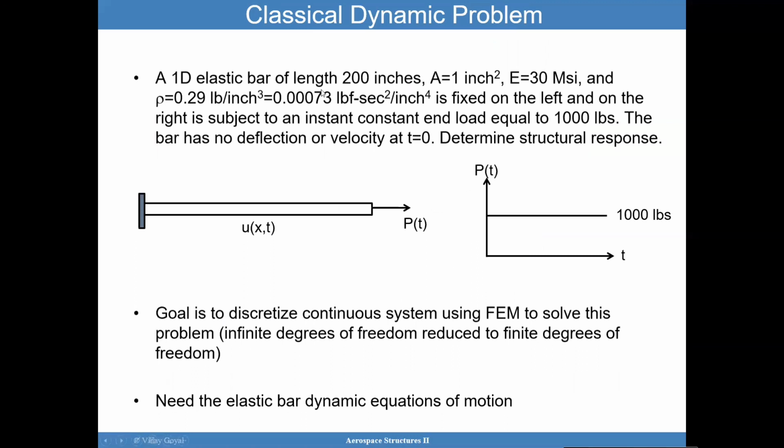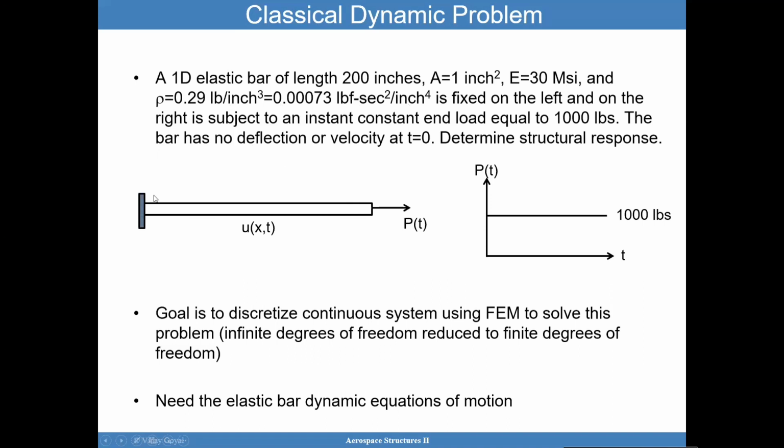Take an example of a 1D elastic bar of length 200 inches. The cross-sectional area is 1 inch squared. This is a steel material with modulus 30 MSI. The density is given to you, and we've converted that into consistent units so we can solve it.